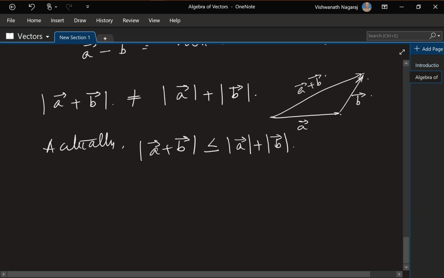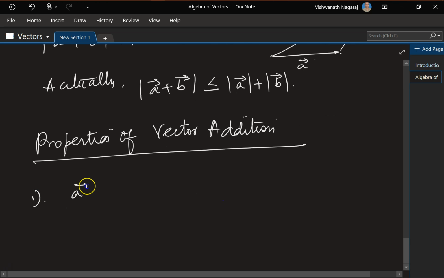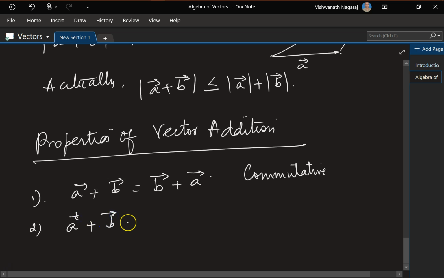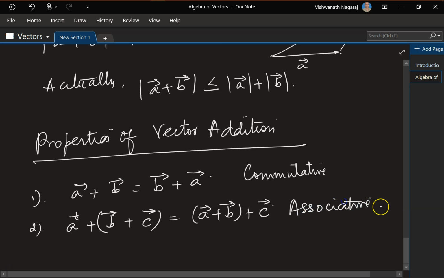Okay, now let's look at some properties of vector addition. A plus B is equal to B plus A. That means what? Commutative. A plus B plus C is equal to A plus B plus C, grouped either way. That means what? Addition is associative.